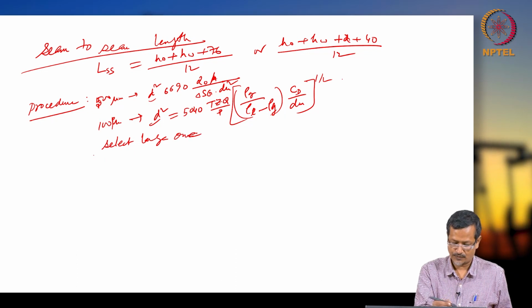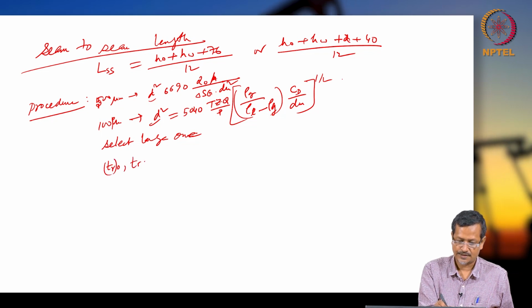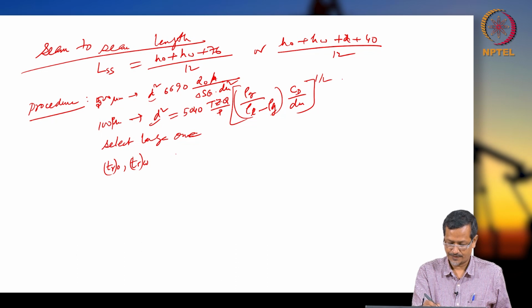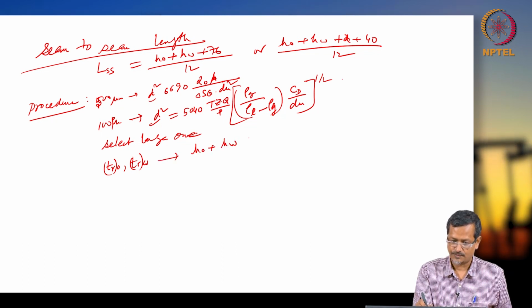Then next you calculate TRO and TRW, and you solve for HO plus HW.